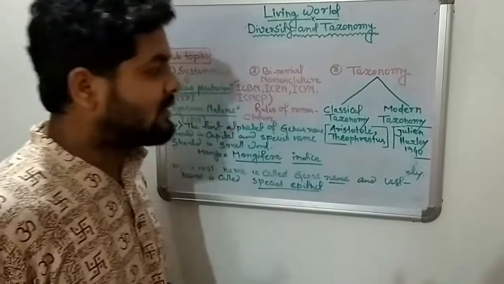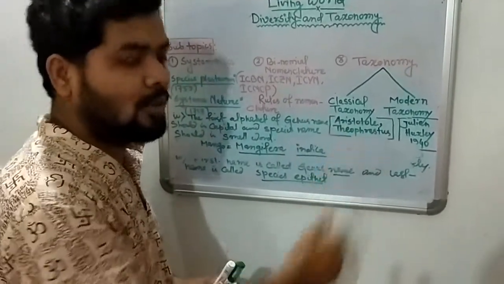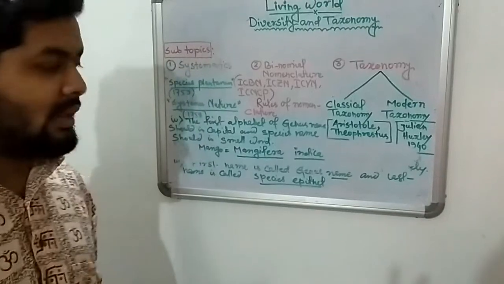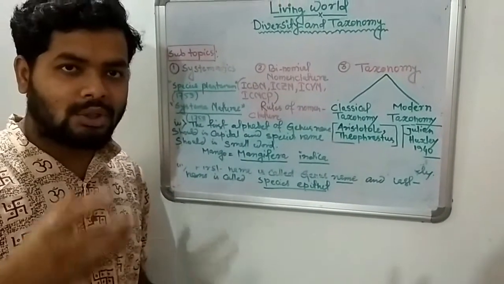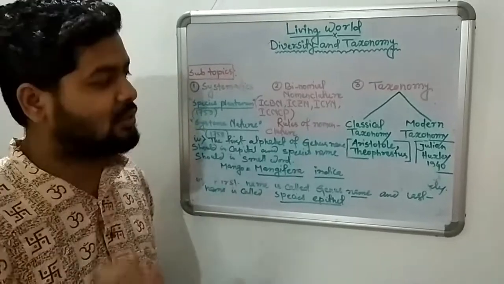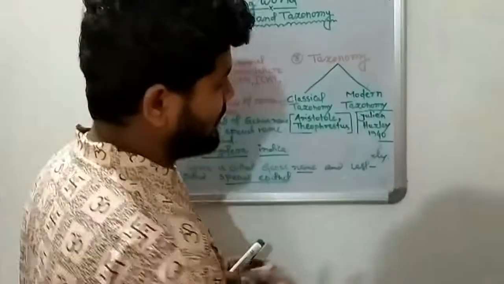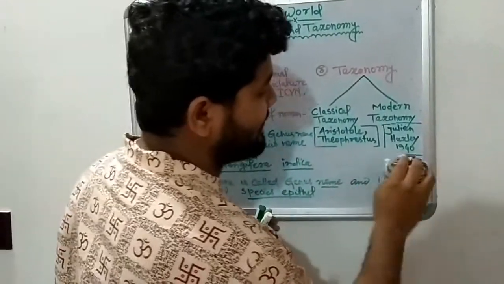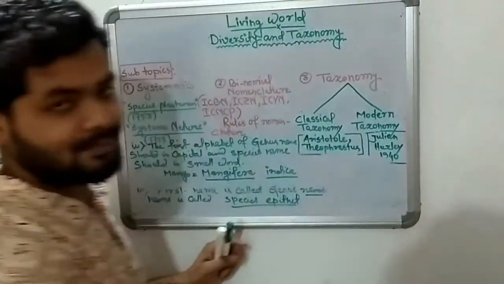Later on, after Linnaeus, modern taxonomy was developed on the following characteristics, which I will discuss later, and it was developed by Julian Huxley in 1940.